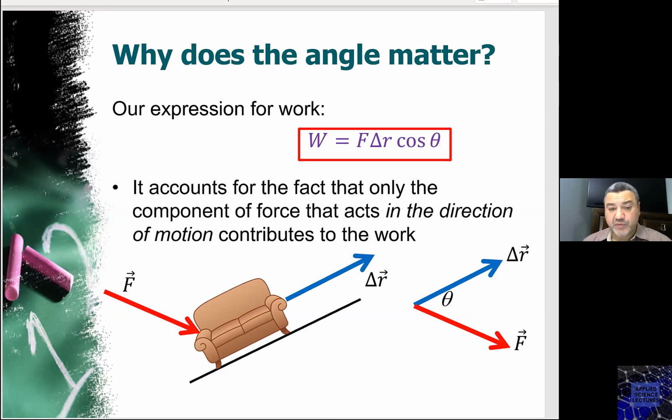Then, if I am to calculate the work, the work would be the magnitude of the first times the magnitude of the second times cosine the angle in between. So here, the angle in between is theta, then W equals F delta R cosine theta.